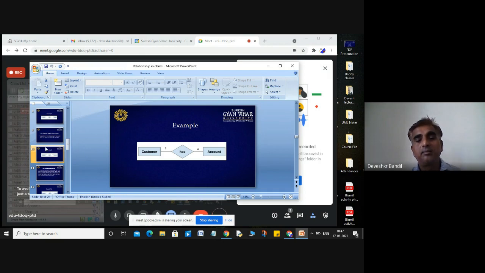And in this diagram, you can see your entities are represented in rectangles, and your relationship is represented in a diamond. That is, 'has' is the relationship between customer and account.